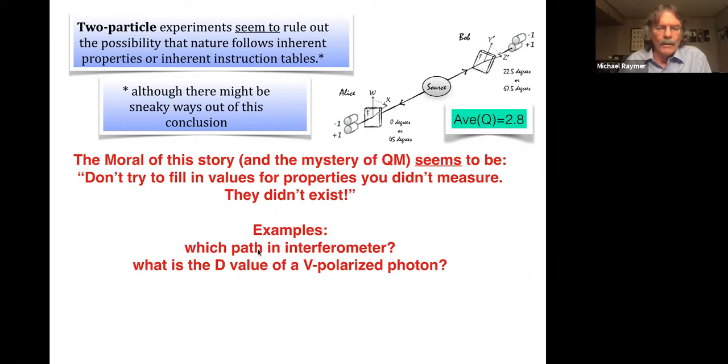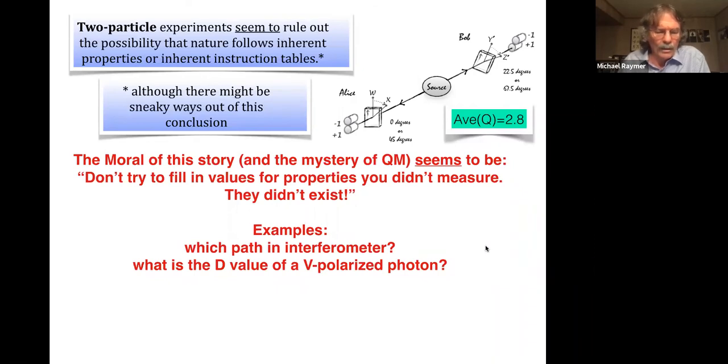Other examples down here, the path in an interferometer. Remember, we talked about a photon can take the upper path or the lower path, and then the quantum possibilities interfere. But remember, we also said if you observe which path it takes, the interference no longer occurs. So what that means is that you have to have a unitary process.